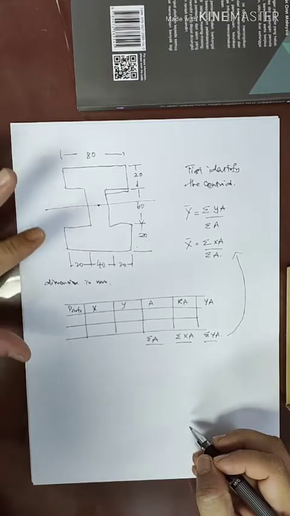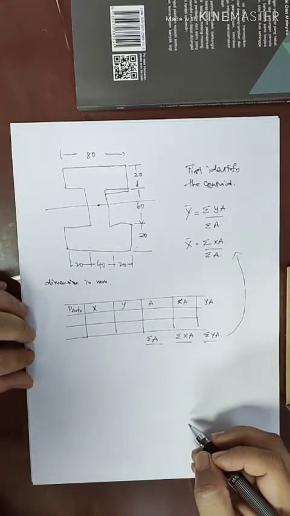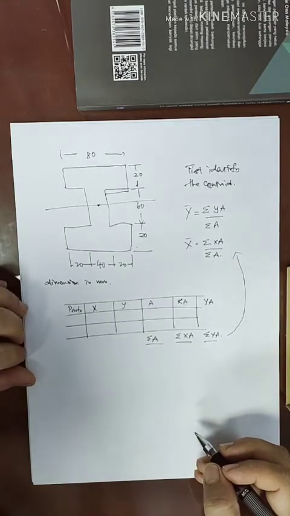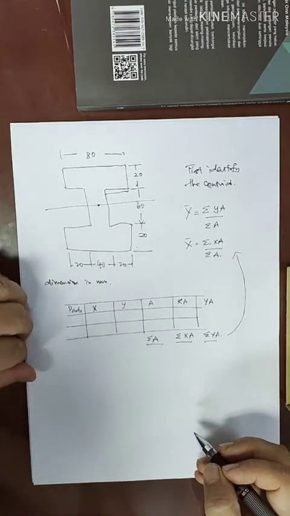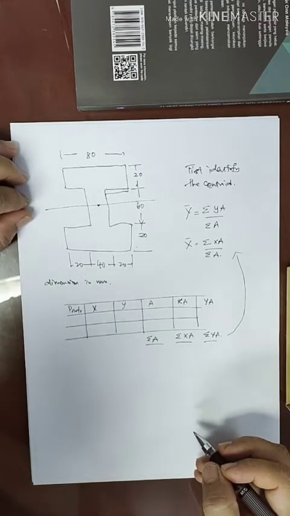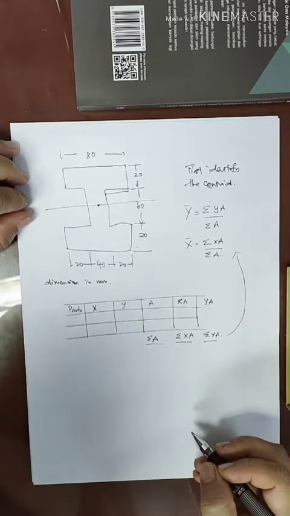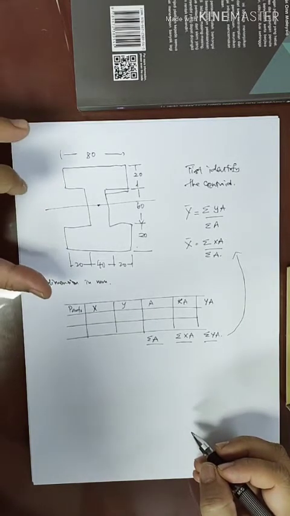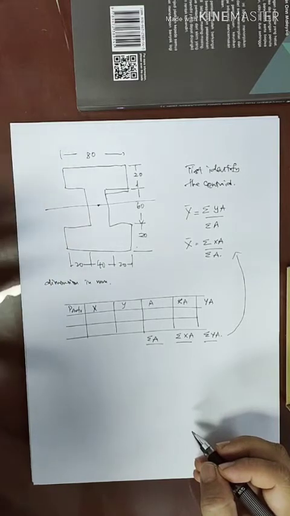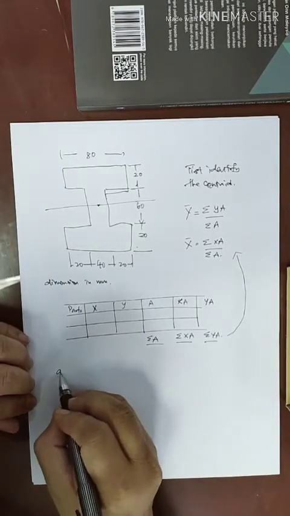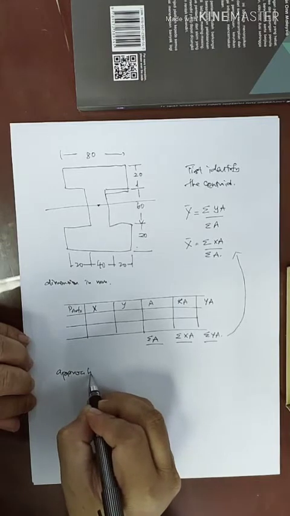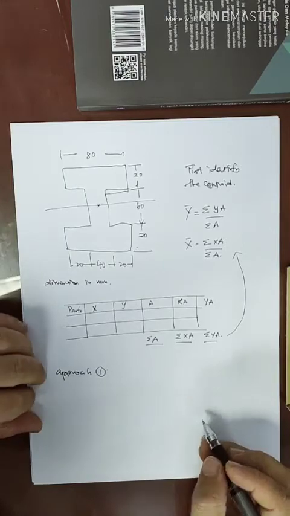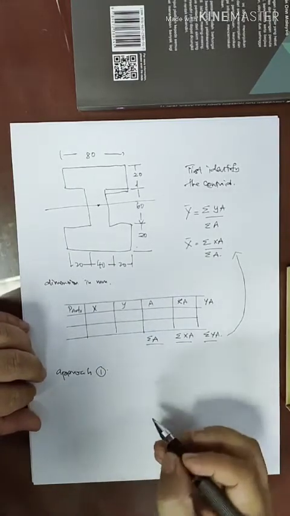Okay, to obtain this, we can apply various ways. There is no limit to one approach only. For example, I will demonstrate the first approach. How do we solve this? By using the plus method.